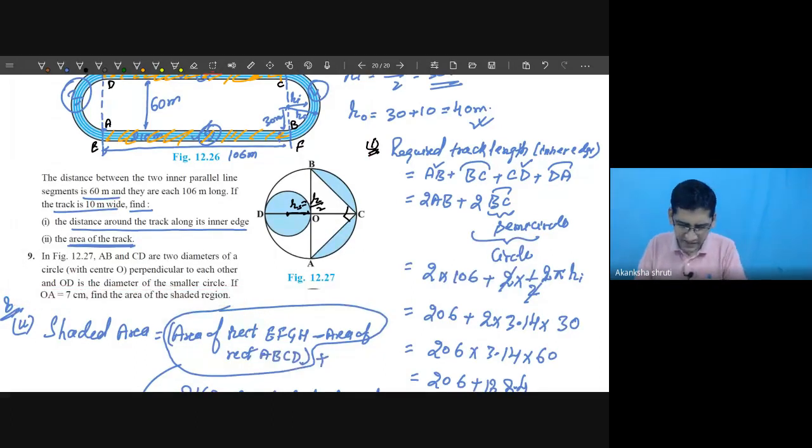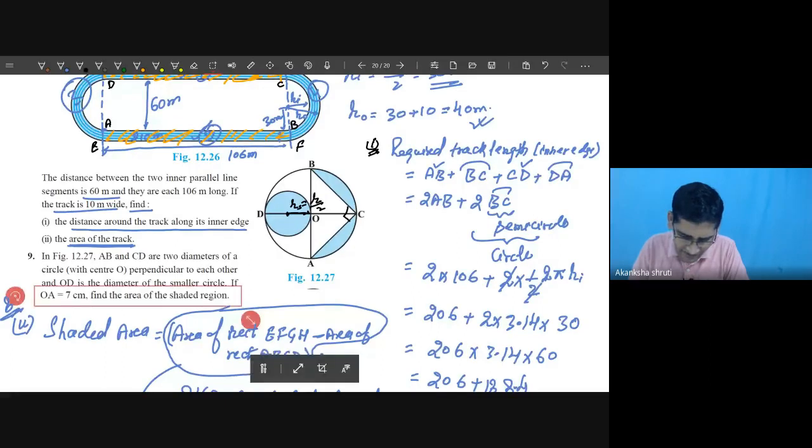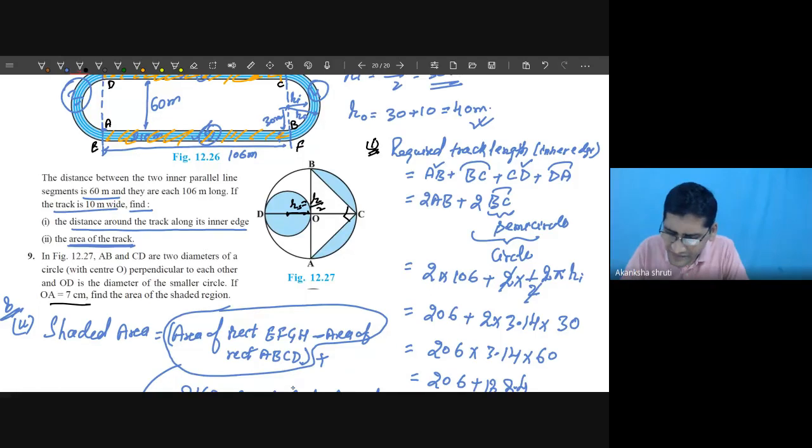In this case, it is given that OA is given, means the radius R itself is given, student. For the bigger one, OA is given as 7. So it becomes 7/2 for the smaller one, and for the bigger one, this much is already our 7.